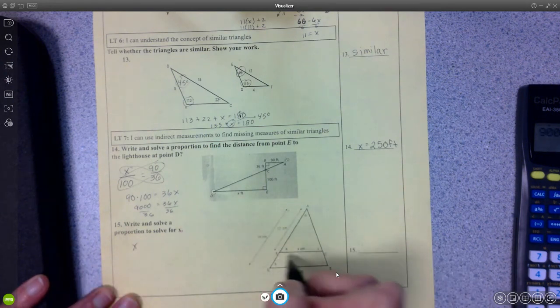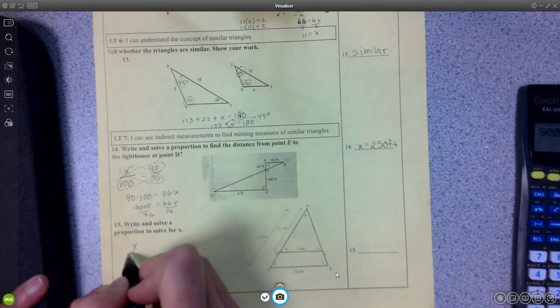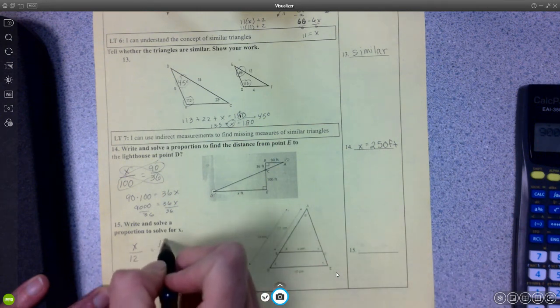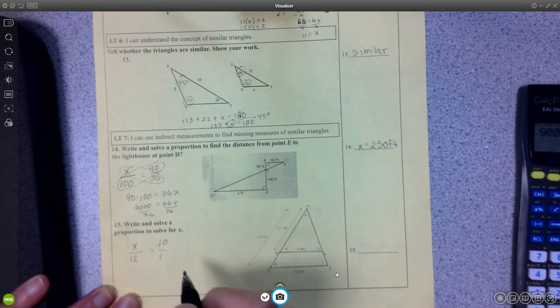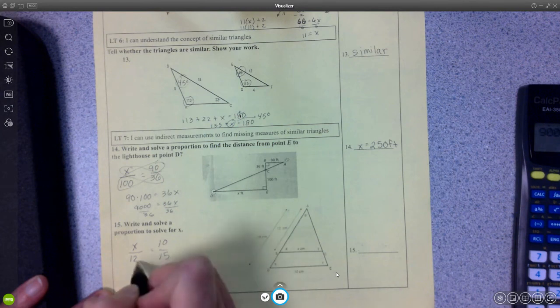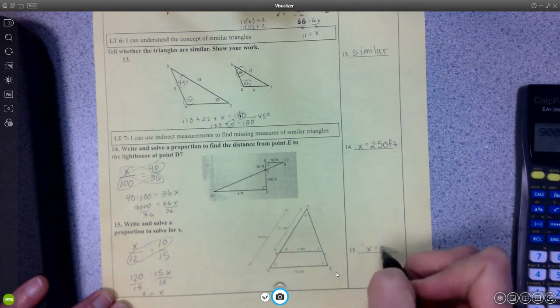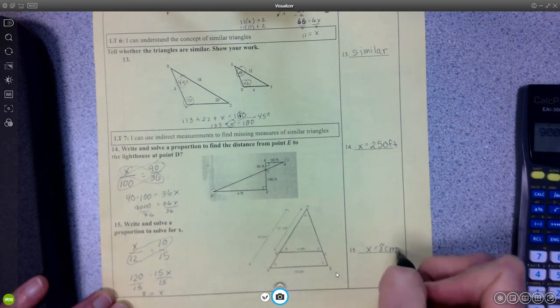So the long side on the bottom is to the side, as the long side on the bottom is to the side. So the main thing is you have 120 cross products equals 15x. When you divide both sides by 15, x is going to be 8. So x equals 8, and it looks like we have centimeters for that.